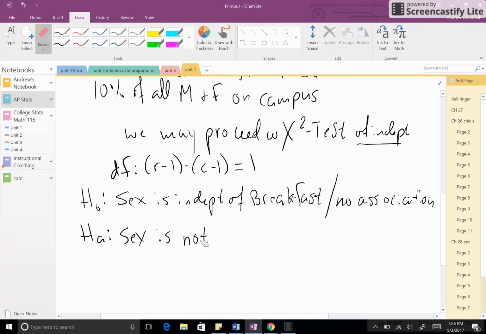I'm going to rephrase this, since sex doesn't really depend on anything; male or female doesn't depend on anything.